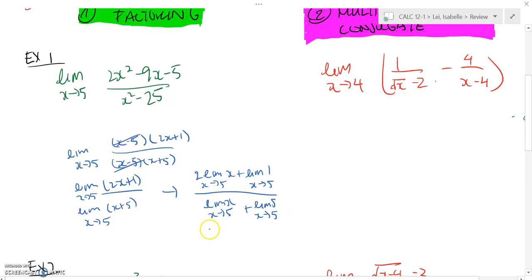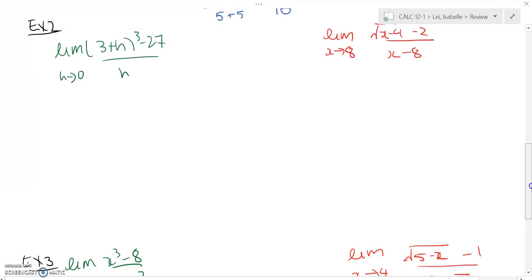When plugging in numbers, this gives us 2 times 5 plus 1 over 5 plus 5. So this gives us 11 over 10.